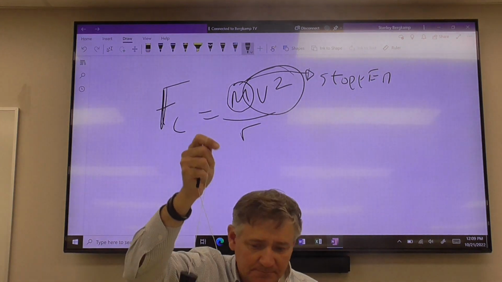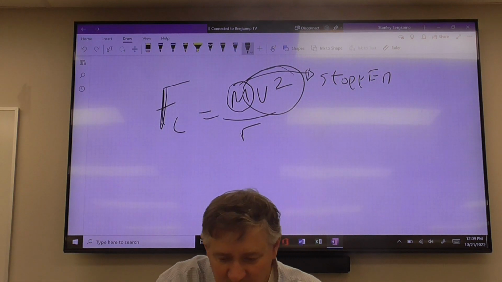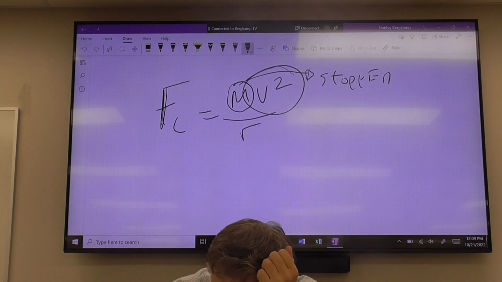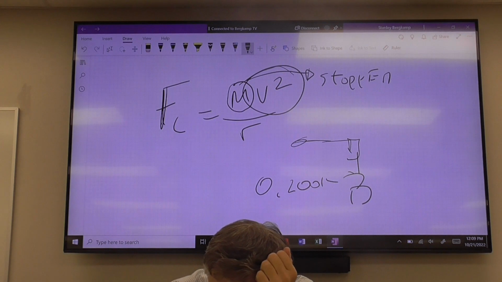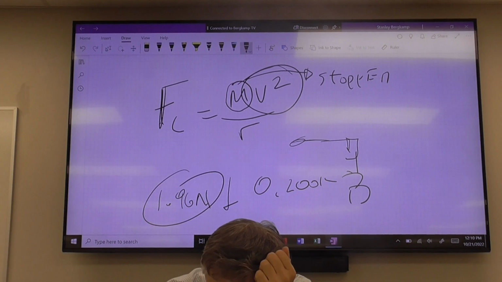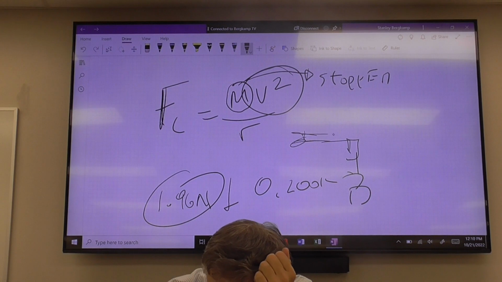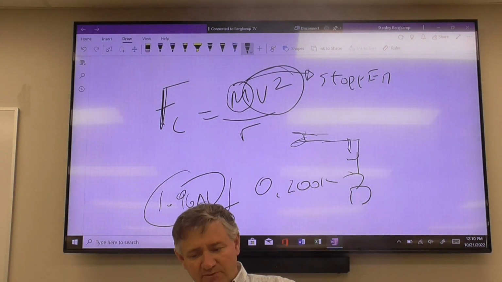So in this situation, if I had that rubber stopper going around, and here's this tube, and here's a 0.2 kilogram mass, we're going to assume that that's creating a downward force of 1.96 newtons, which is also what's creating the centripetal force.